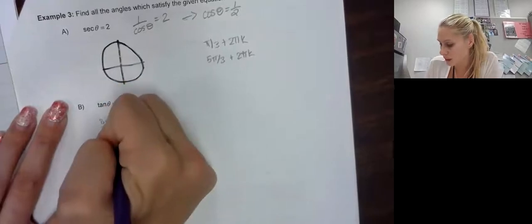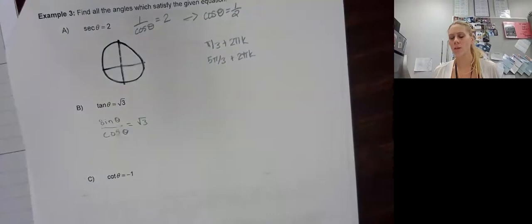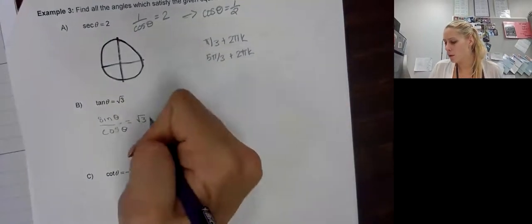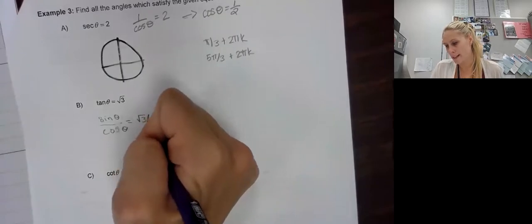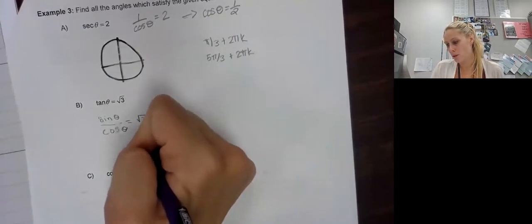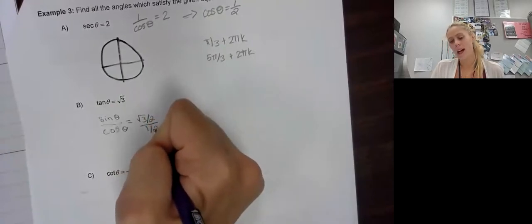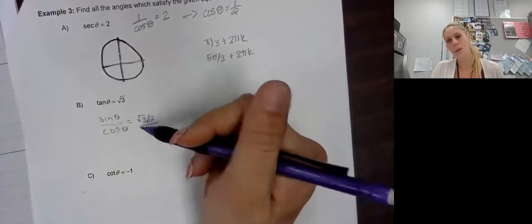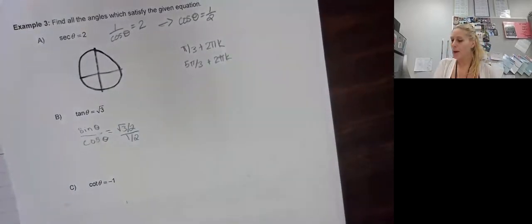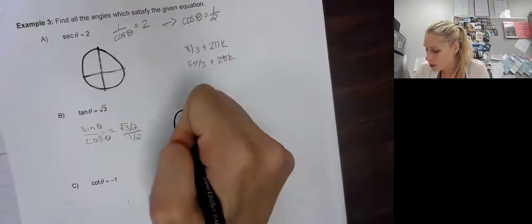Well, square root of 3 is almost like square root of 3 over 2. So what could I do there? Well, that would mean sine is square root of 3 over 2, and cosine would have to be 1/2. So see how the 2's would cancel, right? And then we're left with square root of 3 over 1. So we've got to find out on our unit circle, where is sine square root of 3 over 2, and where is cosine 1/2?